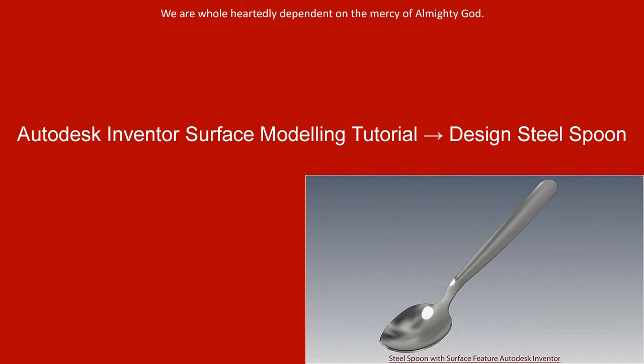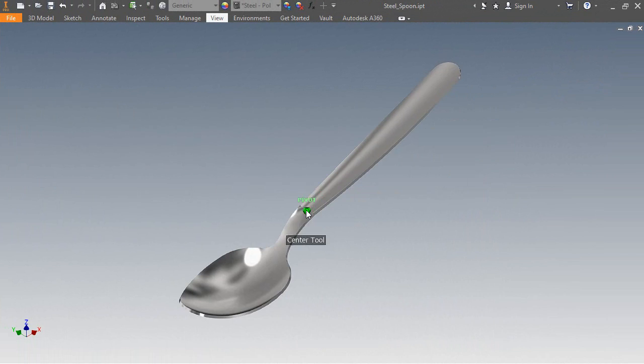Today we will create a model steel spoon with surface feature in Autodesk Inventor.